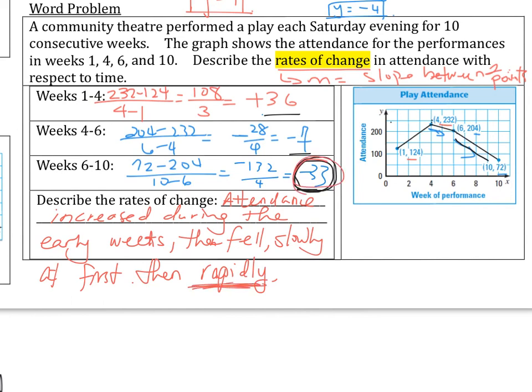So you can see what I was saying earlier. Okay, and that concludes our lesson.